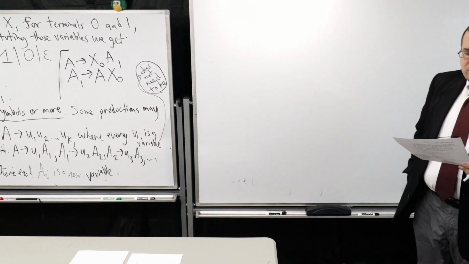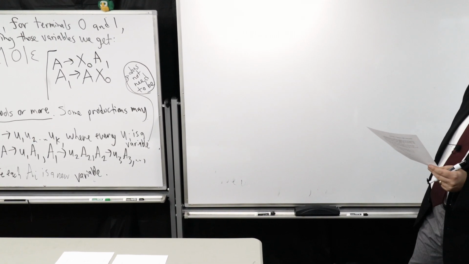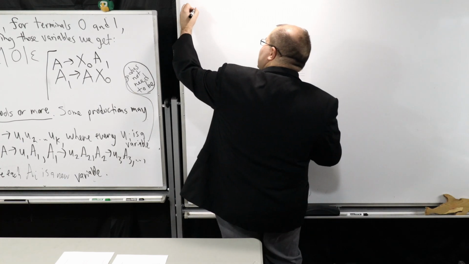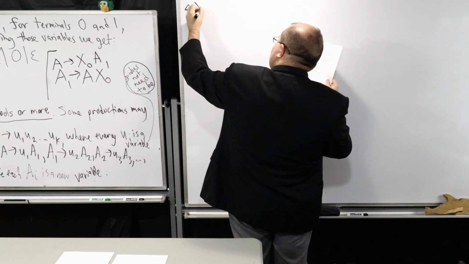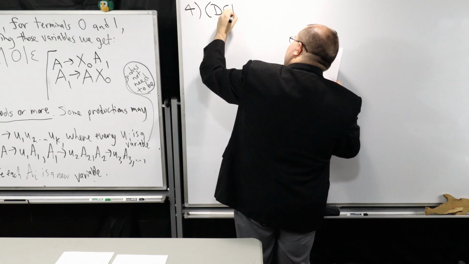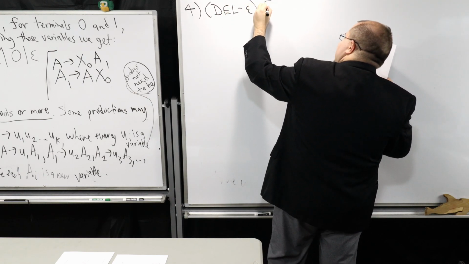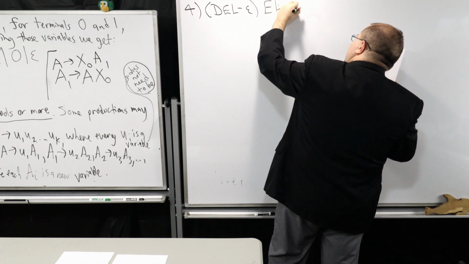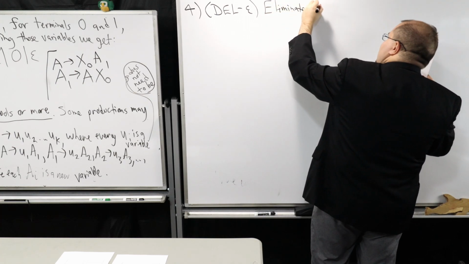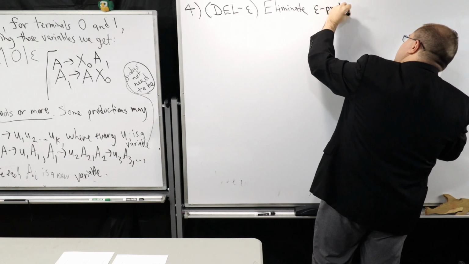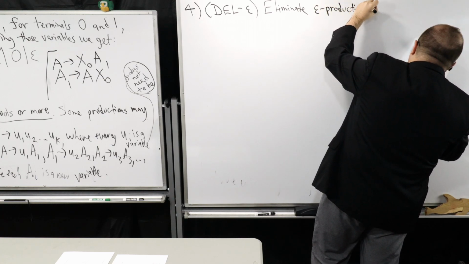Okay, so let's see here. Step 4, I'm going to call this del epsilon. So we're going to eliminate epsilon productions.